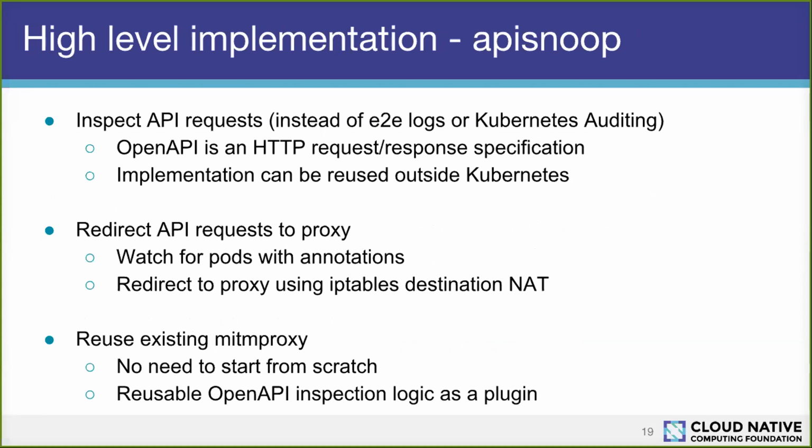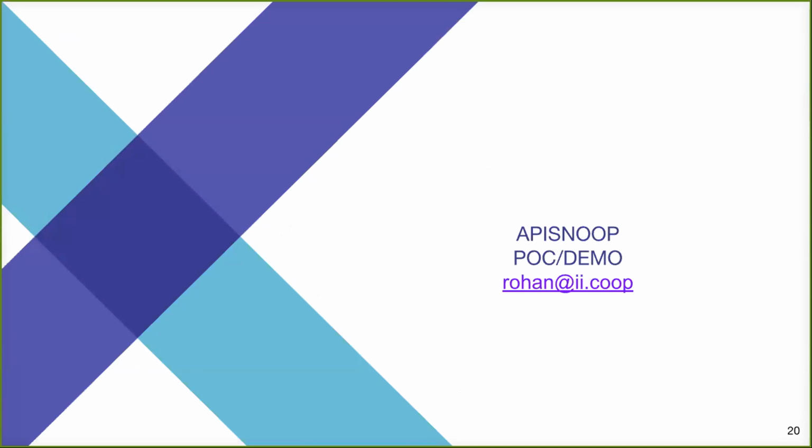At the moment, it's using iptables, and it only affects certain pods with annotations. Then we're planning to reuse MITM proxy, which is an existing project, so we don't have to start from scratch. And at the end, we hope to create reusable OpenAPI inspection logic as a plugin. So, yeah, that's just a brief overview.